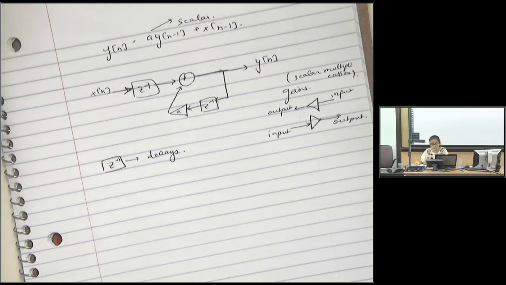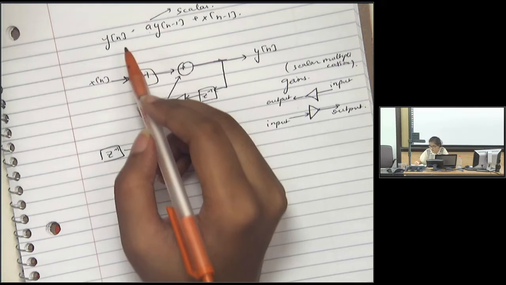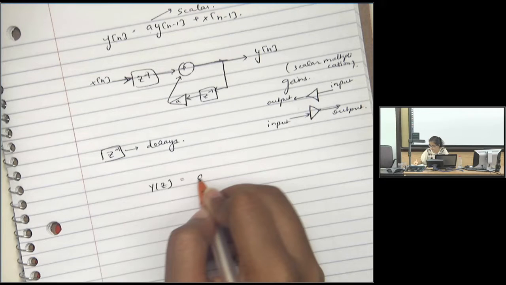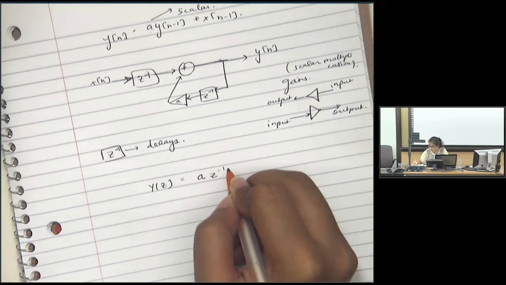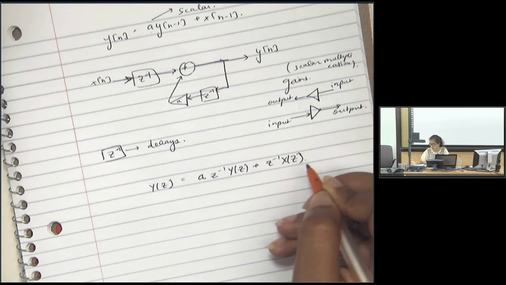Yeah, so it will get multiplied with this, right? In z domain, so it stays the same. So you'll have y of z is equal to a times z inverse y of z plus z inverse x of z, assuming no initial conditions.